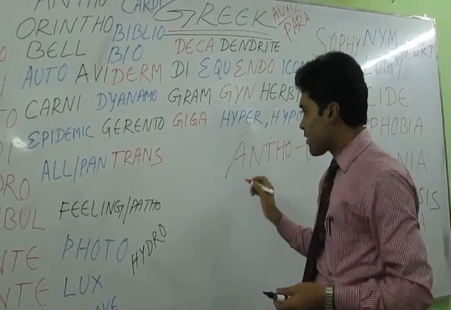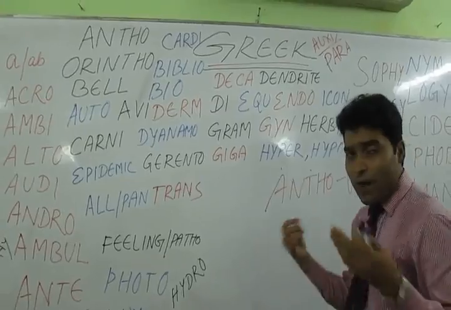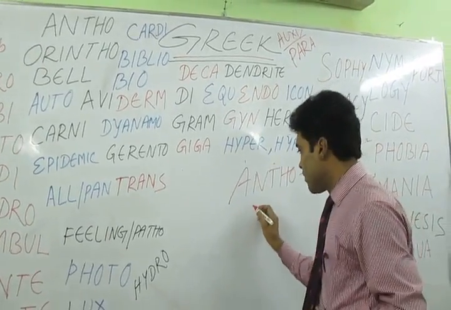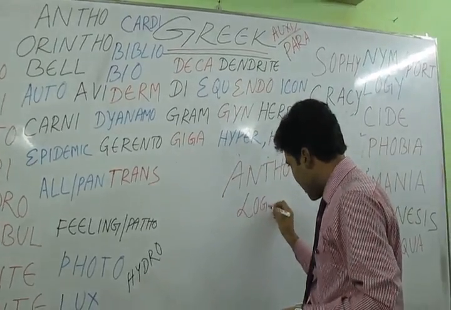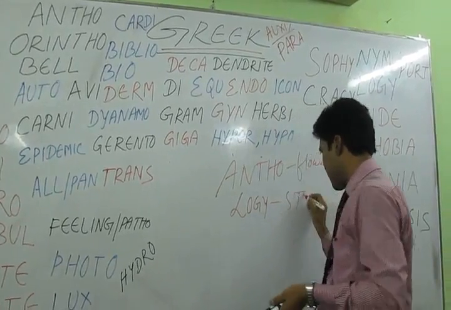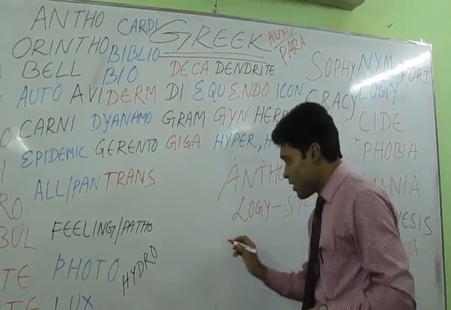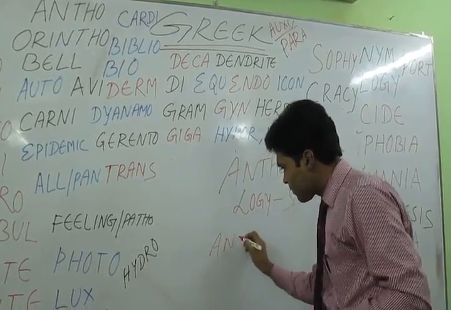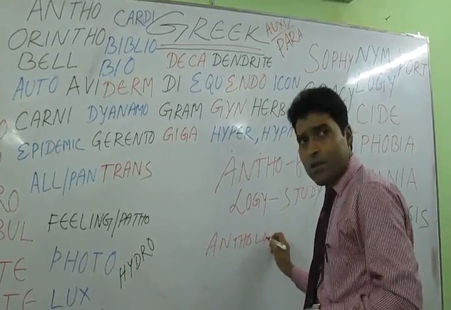Suppose if I say study of flower, we call it anthology. Because logy, L-O-G-Y, means study. So if I say anthology, then it is study of flower, right?